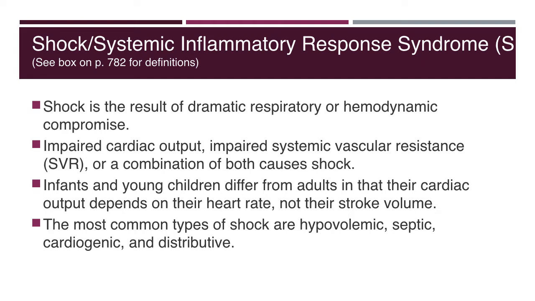Cardiogenic shock is the sudden condition in which the heart is unable to pump enough blood to meet the body's needs. Usually the most common cause for that is an MI. Distributive shock is when you have excessive vasodilation in the smaller blood vessels, resulting in inadequate supply of blood to the body's tissues and organs.